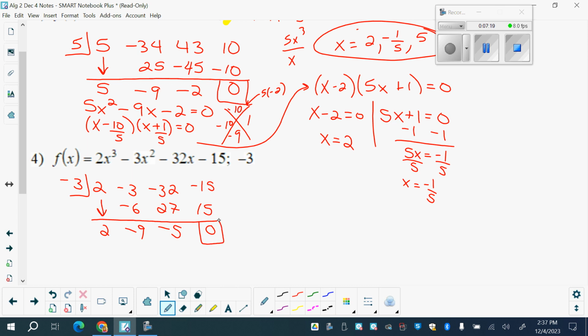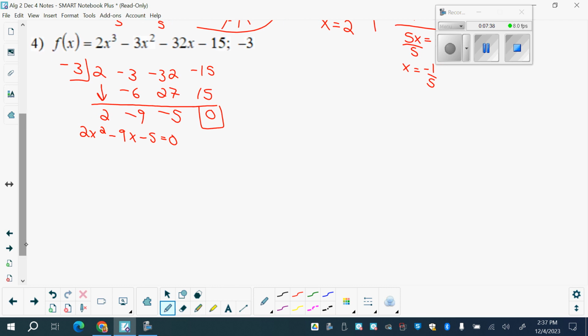And that gives us 0 for our remainder. Is that what we want? Yeah, that's what we want. So now we write that as 2x squared minus 9x minus 5 is 0.